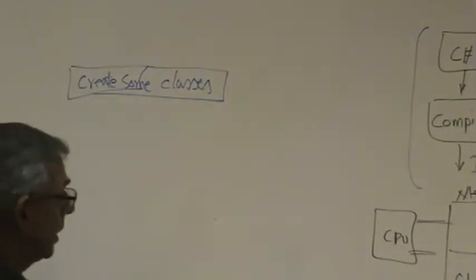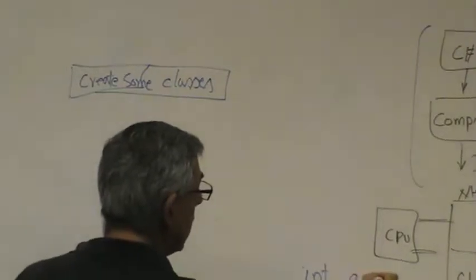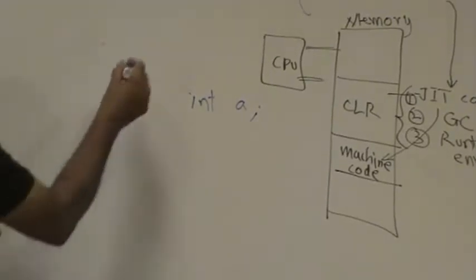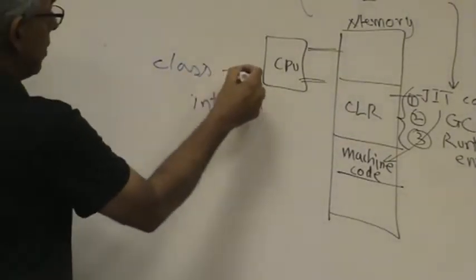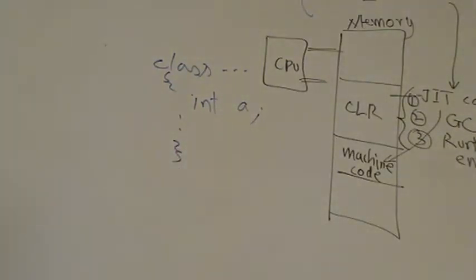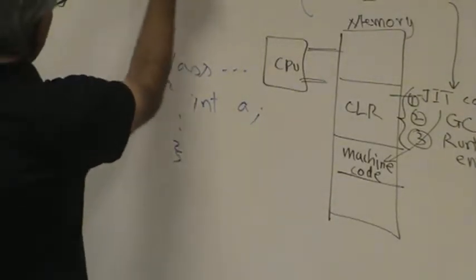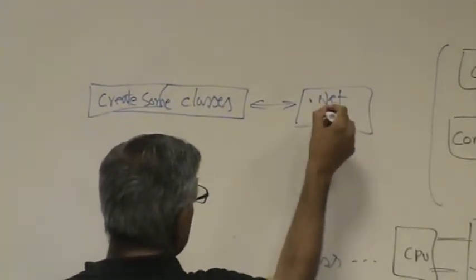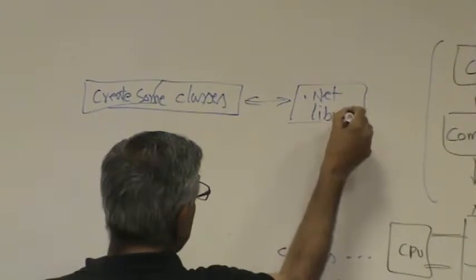For example, if you declared a variable like this, and it does not belong to a class, your code will not compile. So it has to be inside a class, whatever class name you give it, right? So we create some classes. We pick some of the classes from the .NET library. So these are pre-created for us.